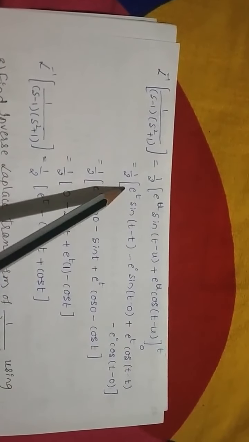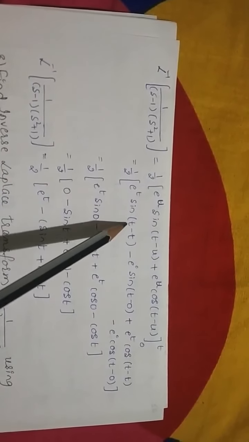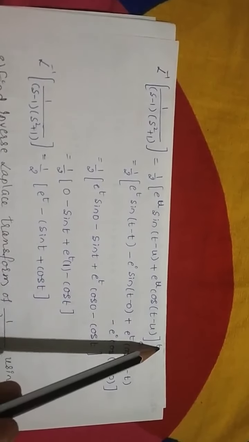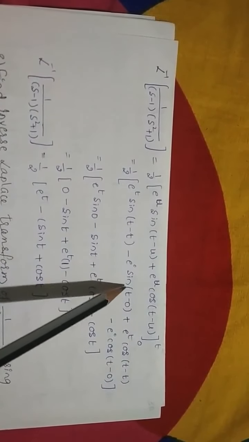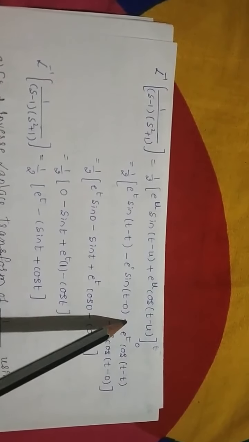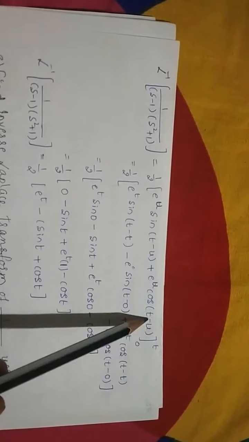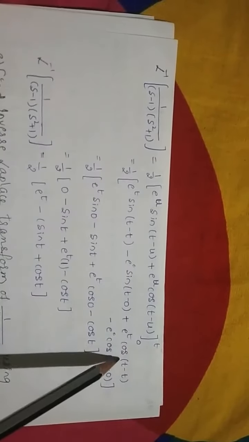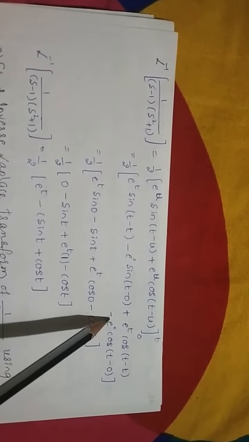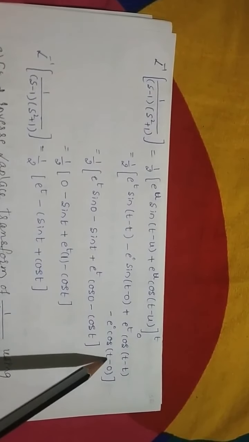Next, substituting the limits, 1 by 2 into bracket e raised to t into sin of (t minus t) minus, upper limit t and lower limit 0, e raised to 0 into sin of (t minus 0), plus, applying the upper limit t and lower limit 0 for the second term, e raised to t into cos of (t minus t) minus e raised to 0 into cos of (t minus 0).